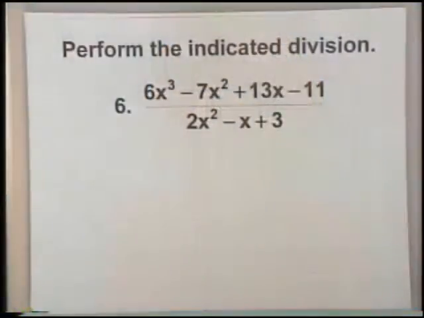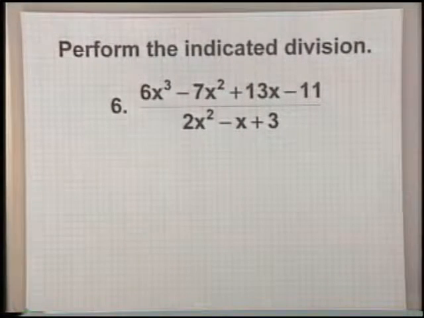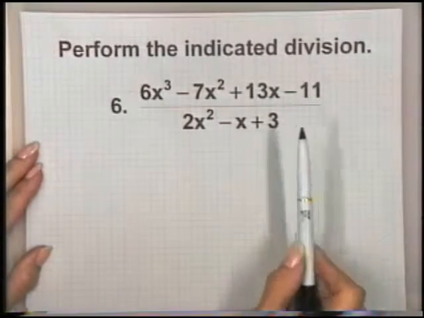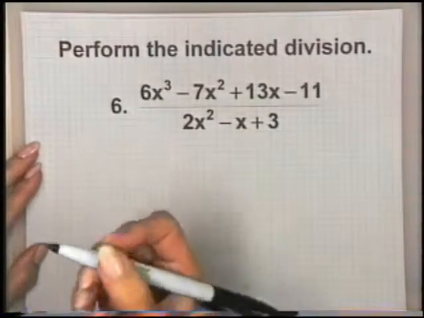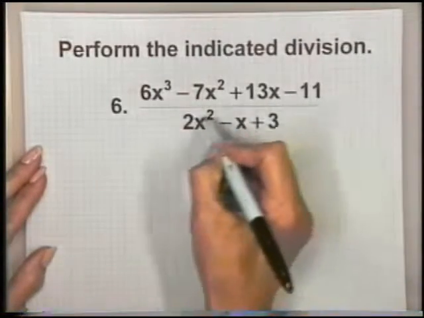Now, let's look at problem 6. For problem number 6, we are dividing and our denominator is a trinomial. So that indicates to us that we will use long division.